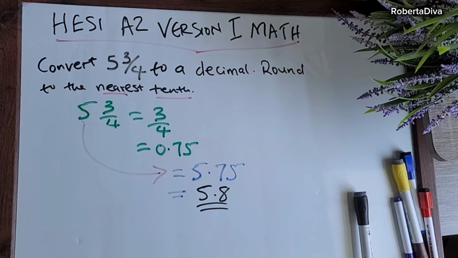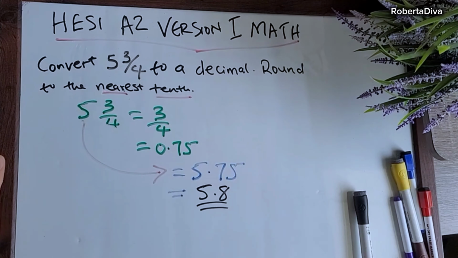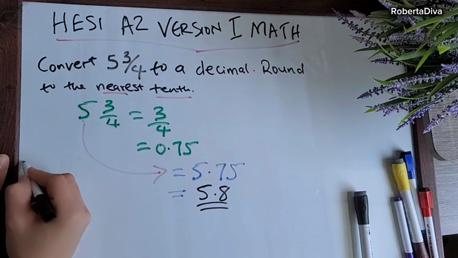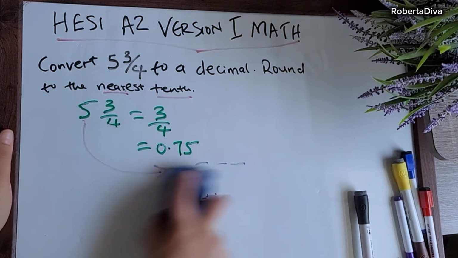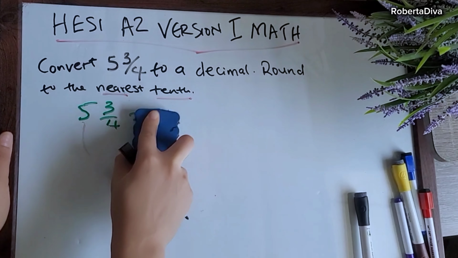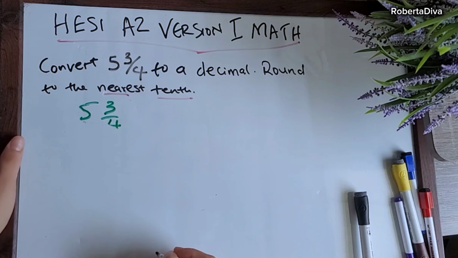So the answer is 5.8. If they said round to the nearest hundredth, the answer is just 5.75. But right now they said round to the nearest tenth, so the answer is going to be 5.8.